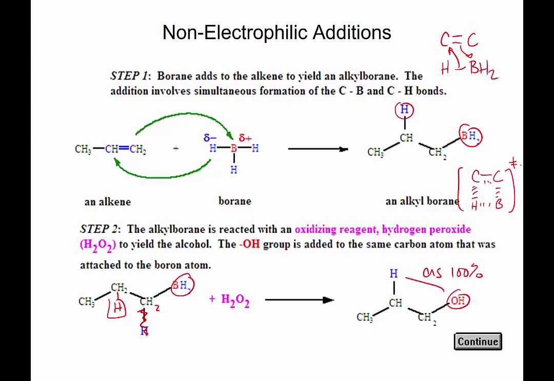I've got that explained, at least to myself. Now what do I need to explain? Thank you, the regioselectivity. Well, what regioselectivity is this? This could be regioselective, but what does it go by? Markovnikov or anti-Markovnikov? Anti. So now I've got to explain that, right?